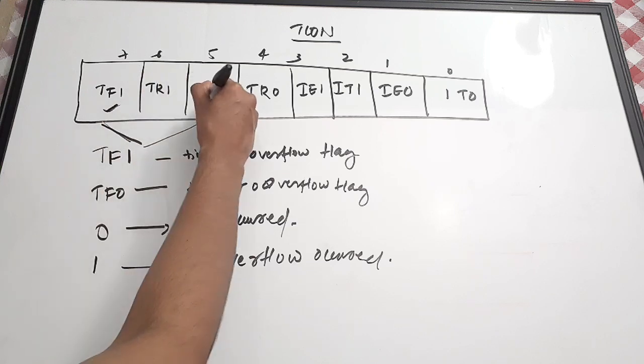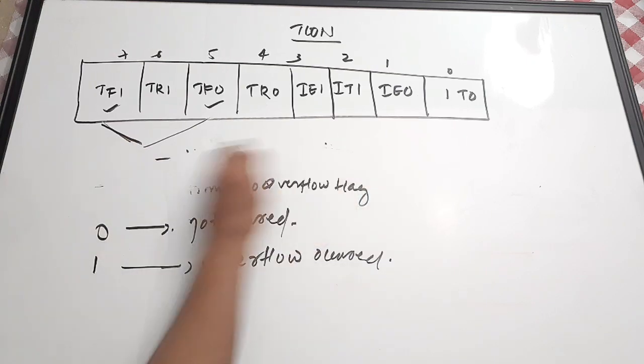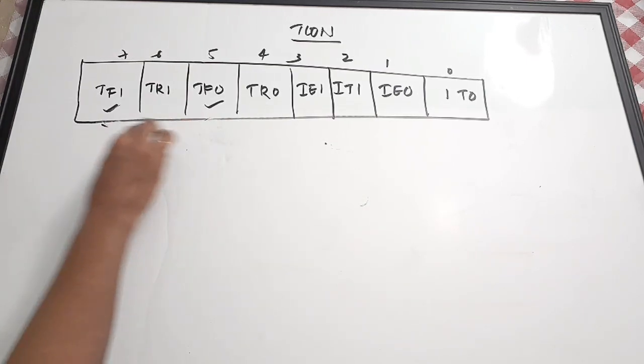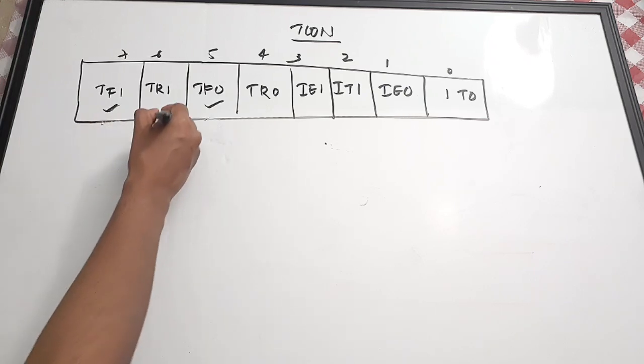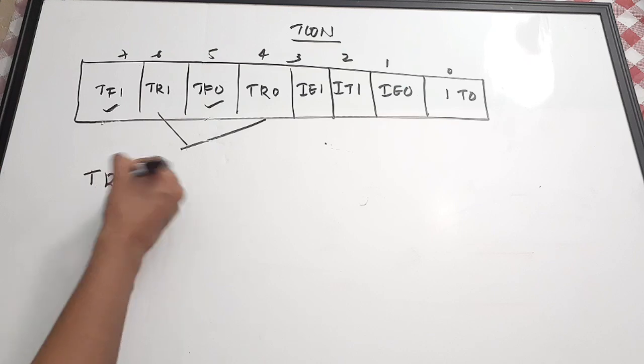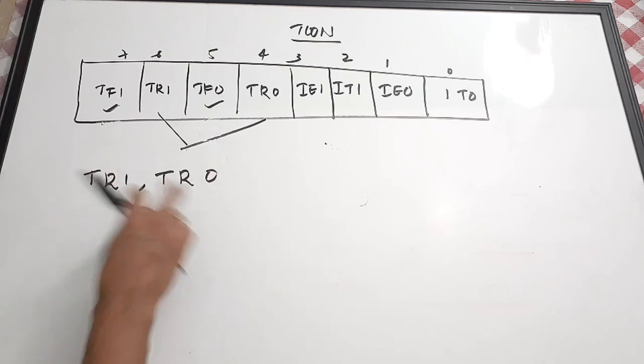So we have discussed these two fields. Next field is TR1 and TR0, which correspond to timer 1 and timer 0.